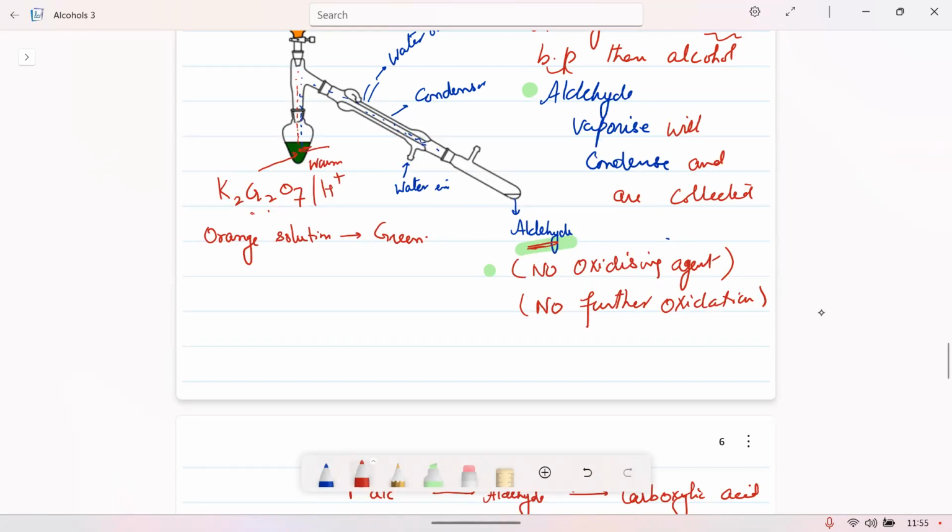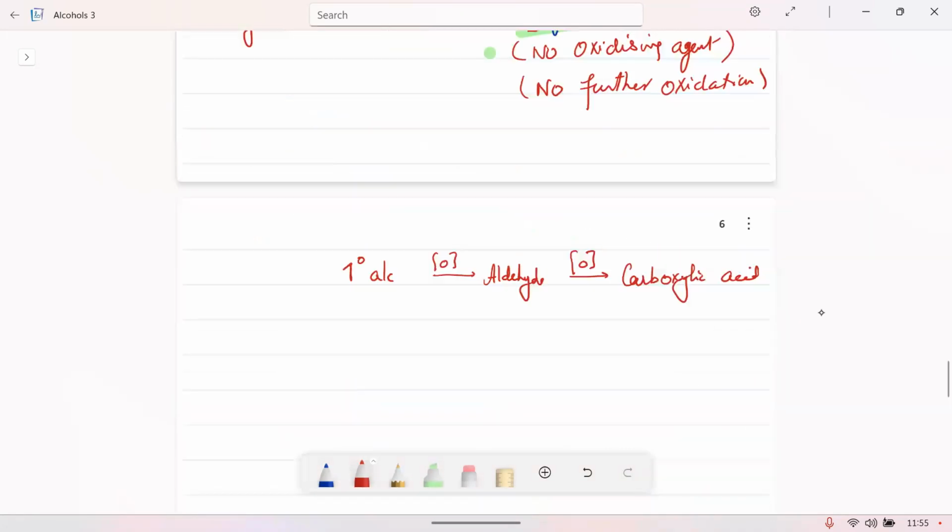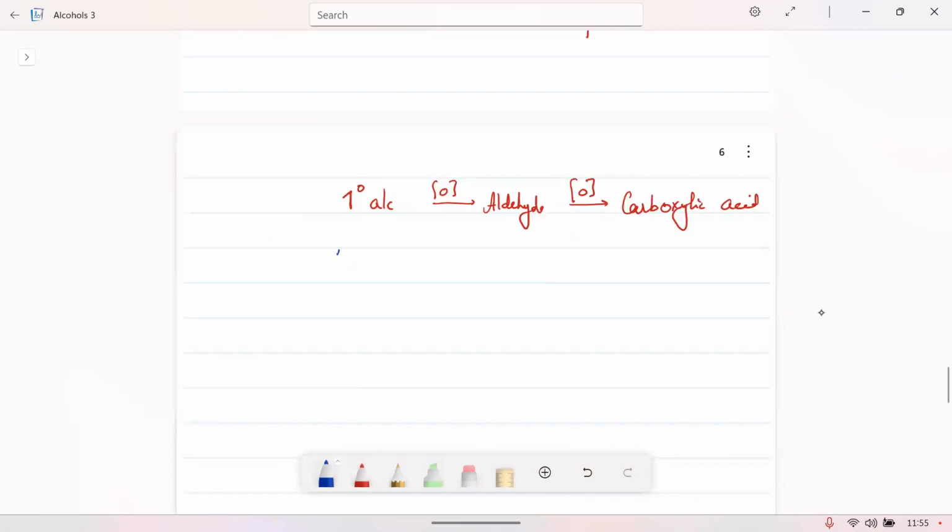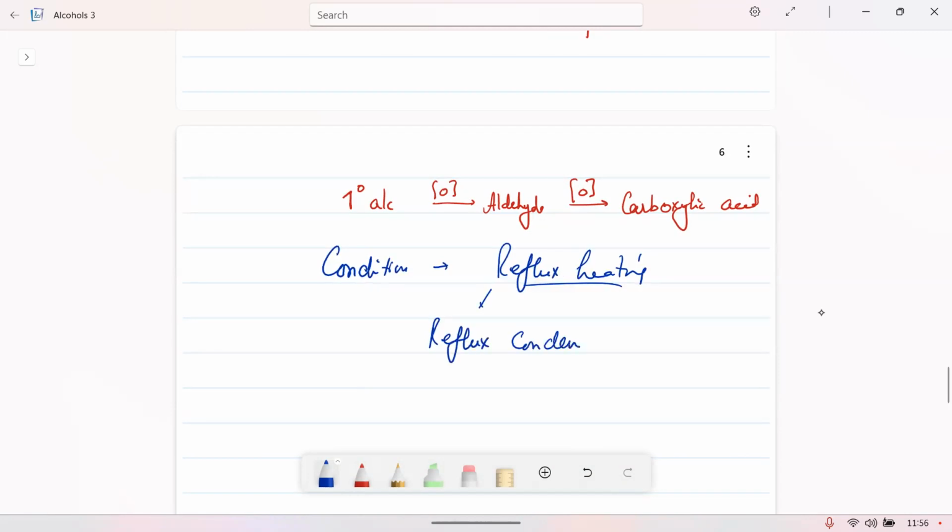Why? Because we need further oxidation. So for this, the condition is reflux heating. Reflux heating means we already know you need a reflux condenser.